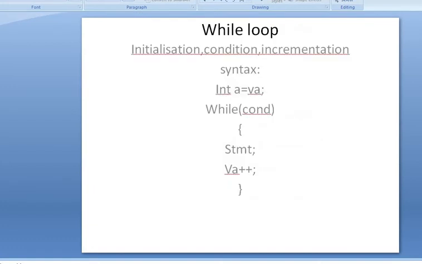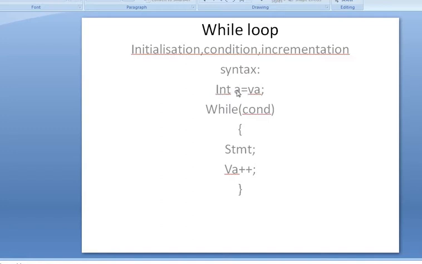So the first one is the while loop. Here we have 3 parts in this loop statement: initialization, condition, and incrementation. So let us see the syntax. It first starts with initialization.